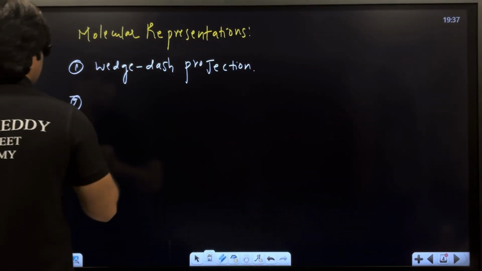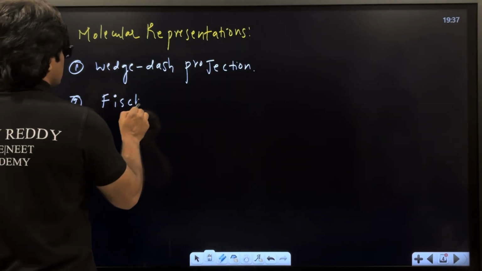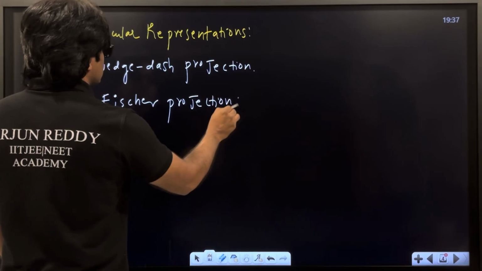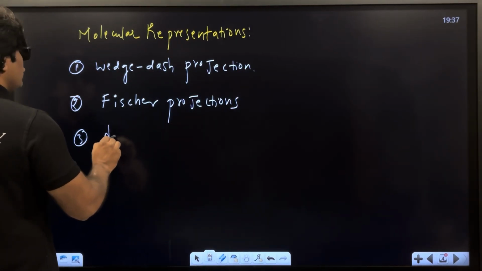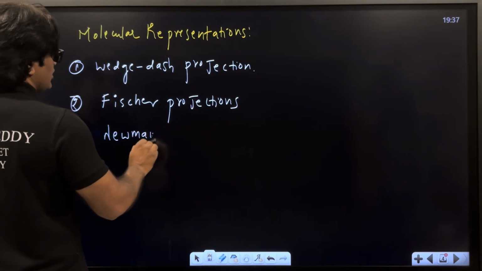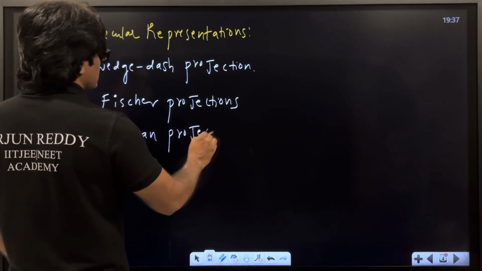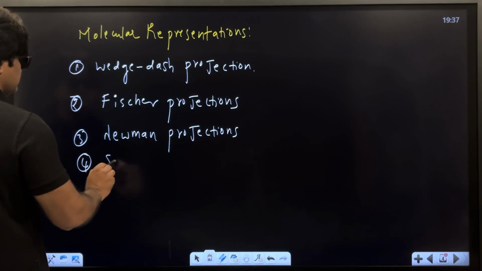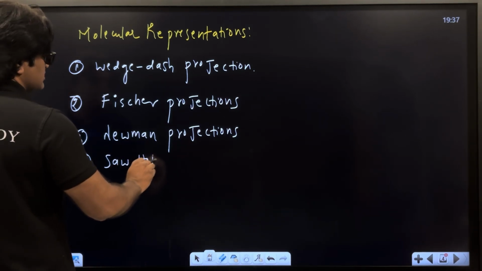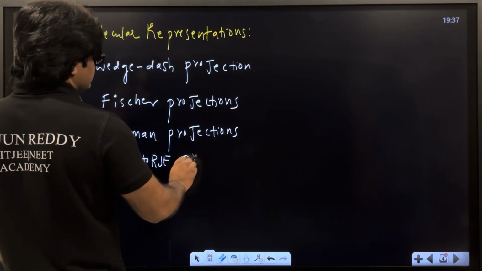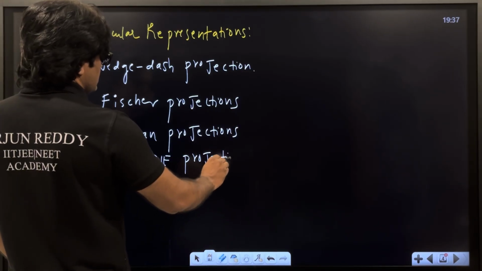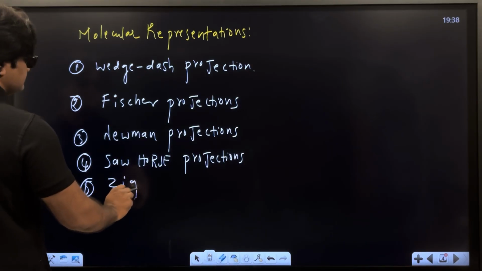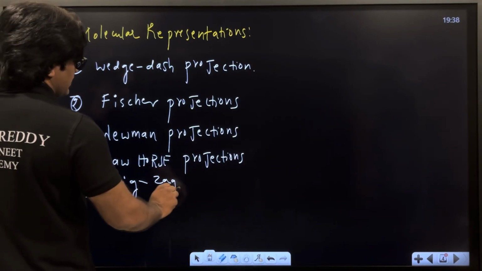And the second one, Fischer projections; third one, Newman projections, right? And the fourth one, Sawhorse projections, and sometimes we use zigzag representation.